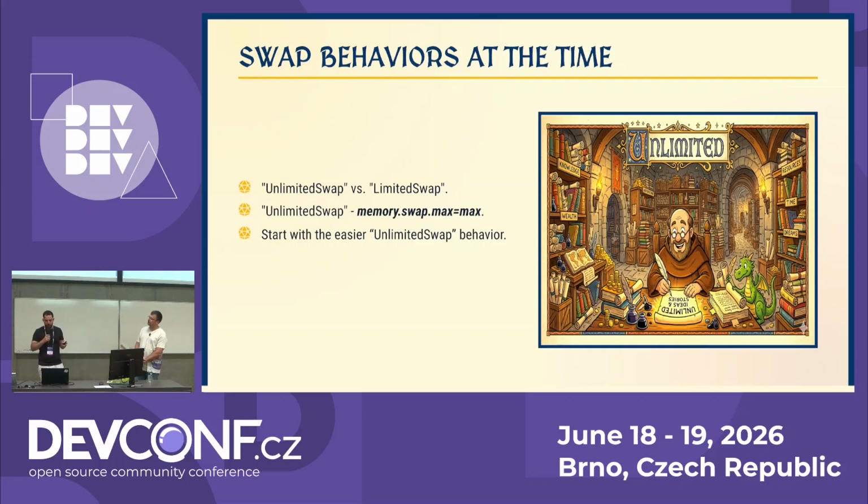Let's talk about unlimited swap first, although it has since been removed from Kubernetes, back in the day it was the main one. To support it, we had to write max into the cgroup knob called memory.swap.max. That means the containers can use as much swap as they want, and they're not limited in swap usage.